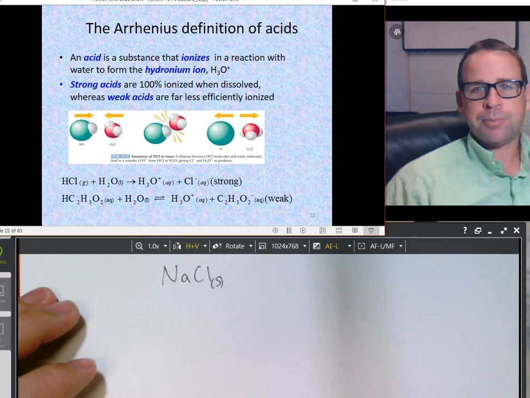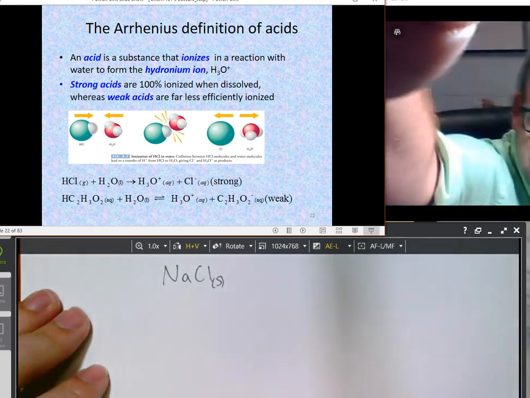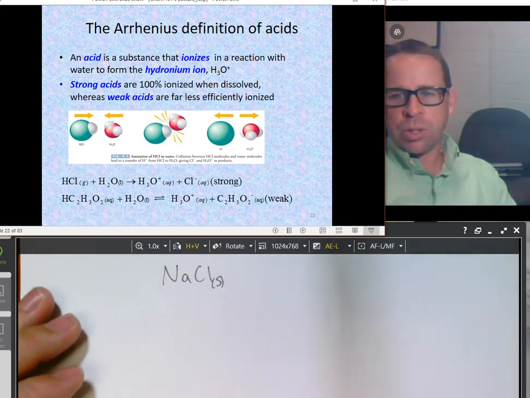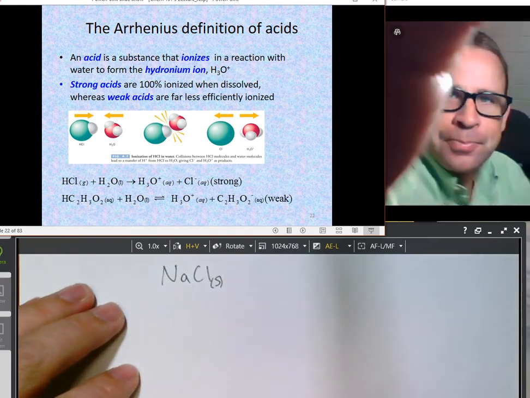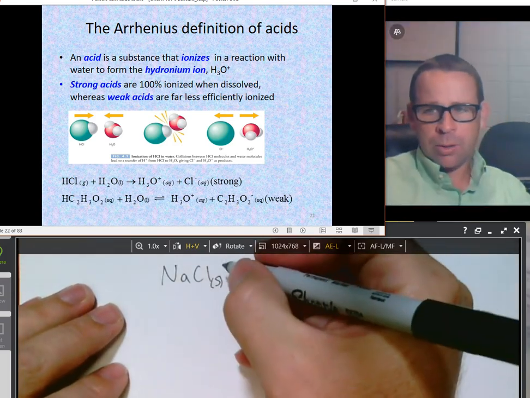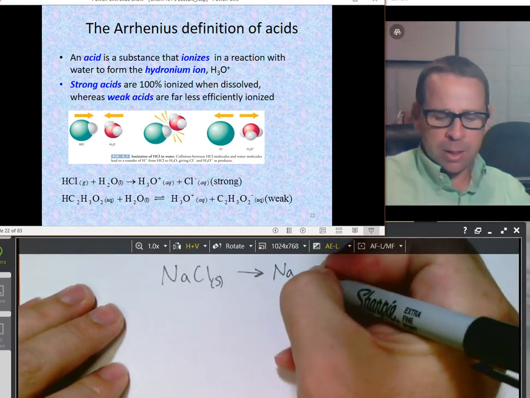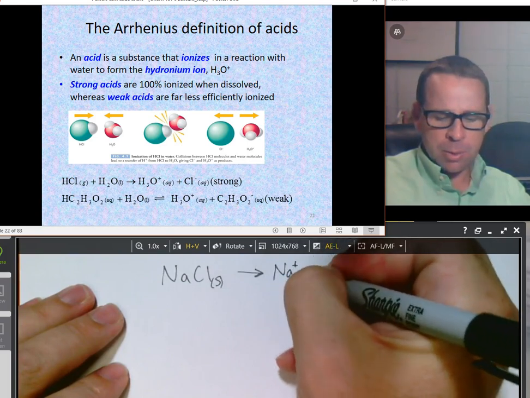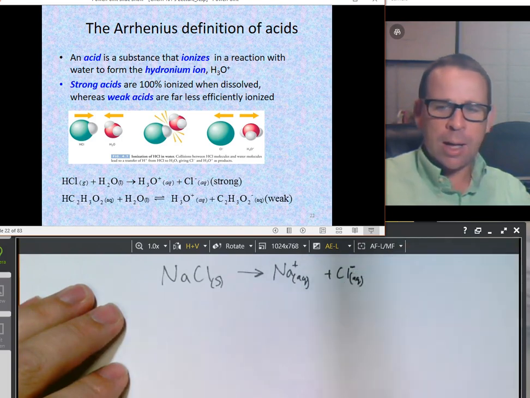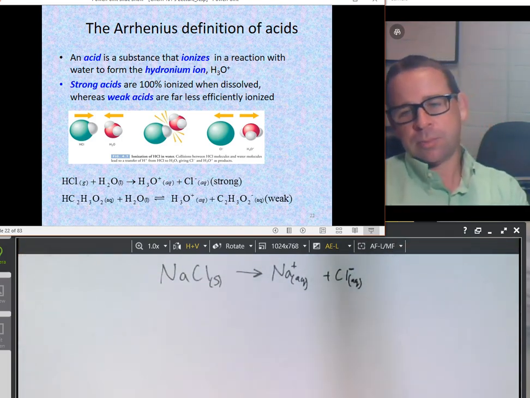If I take that and put sodium chloride into water, what happens is, again, the sodium ions separate from the chloride ions and they dissolve, dissociate. All right?